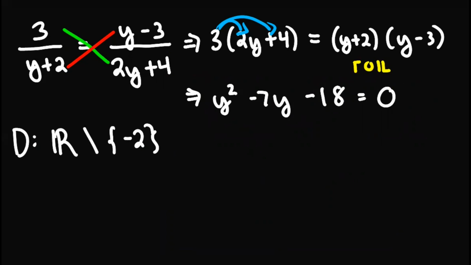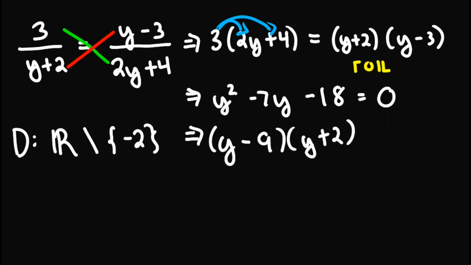So by factoring, the right combination is y minus 9 and y plus 2. Indeed, if we multiply this, we'll obtain this one.